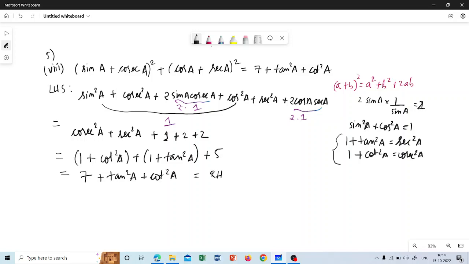This is a seemingly simple problem, but there was a chance of going wrong. I will give you a task if it is possible. Try to start by using cosecant a is equal to 1 by sin a, and sec a is 1 by cos a, and simplify it and try to get the answer.